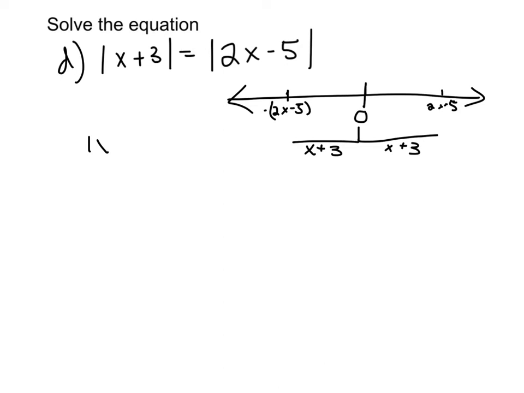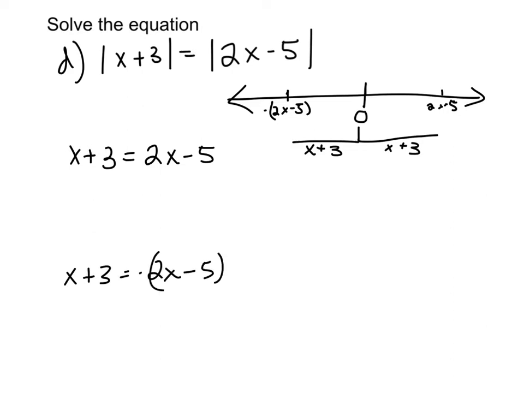So let's say x plus 3 is going to equal 2x minus 5, or x plus 3 is going to equal negative 2x minus 5. Be careful that you put parentheses, so it's the negative of the whole 2x minus 5. Okay, so now I need to isolate x and solve. The way I'm going to do that is I'm going to bring like terms together. So I'm going to subtract 2x from both sides.